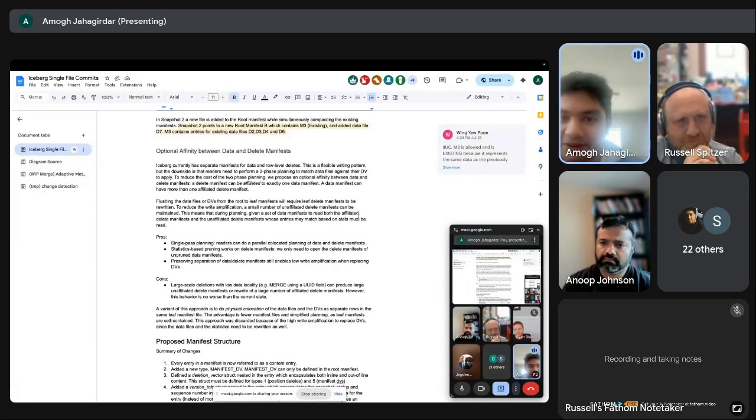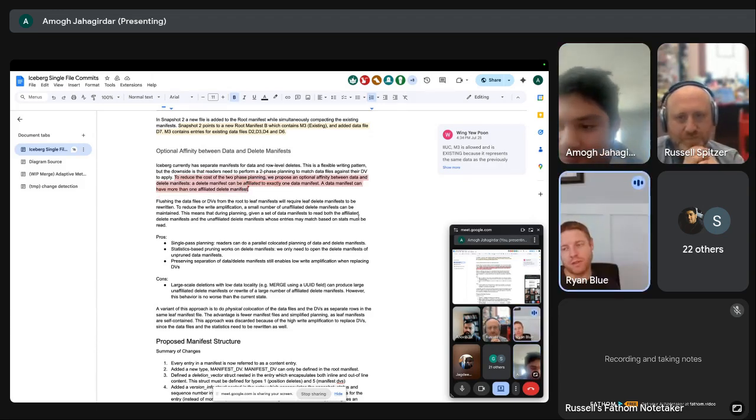There is another option, which is maybe if we have a sort order in the root manifest to put the delete manifest first, but there's a trade-off there. Are we sure about enforcing that sort on the writers? I think the root manifest is going to be small enough that we can fit the entire thing in memory, so we don't necessarily need to require a sort order for it.